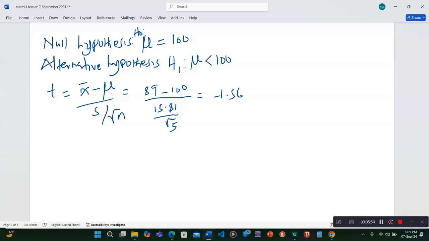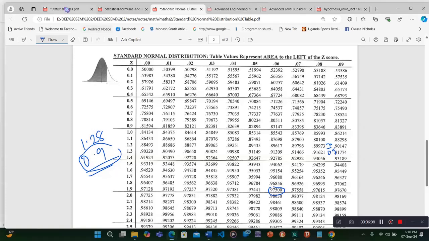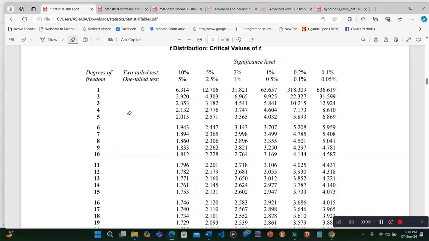So from there, I know the degrees of freedom. If I know the degrees of freedom, then that means I can get the t critical value. So I'm going to go to my table and look for the t critical value. We are going to look at the number of degrees of freedom, which is 4.